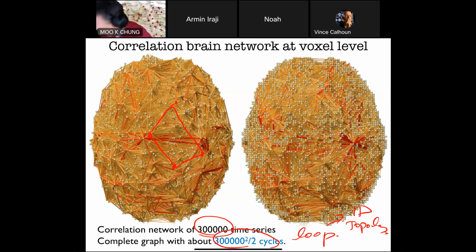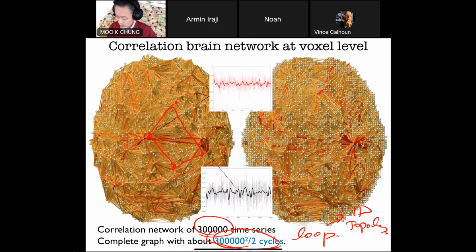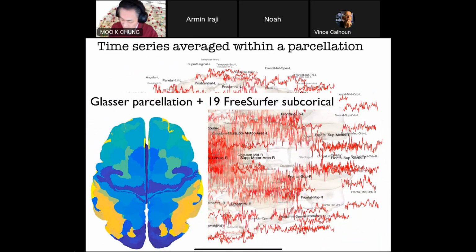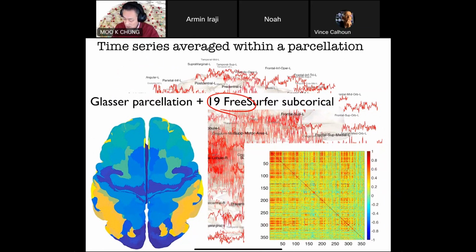If you use our tool, you can actually tabulate all the cycles, assuming you have enough memory. But this is still too much computation, so we're going to do the parcellation, and we use the Harvard-Oxford parcellation with 19 subcortical brain regions, and we get this kind of correlation matrix.